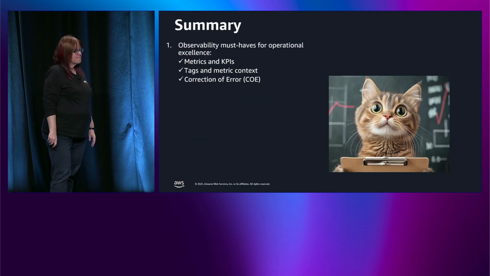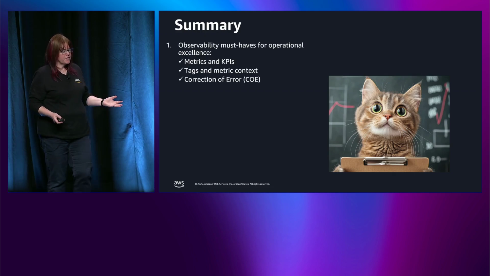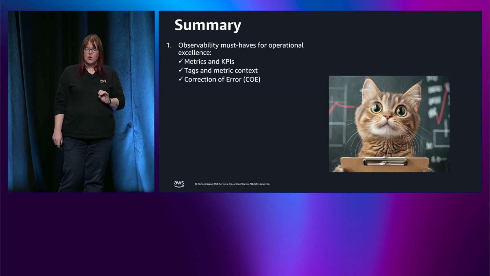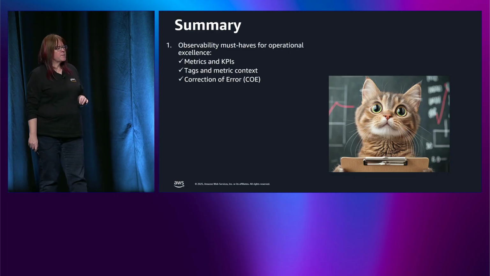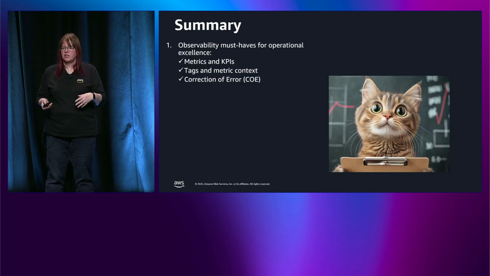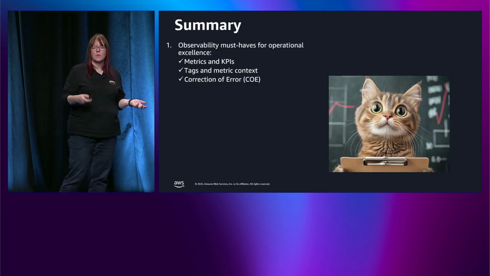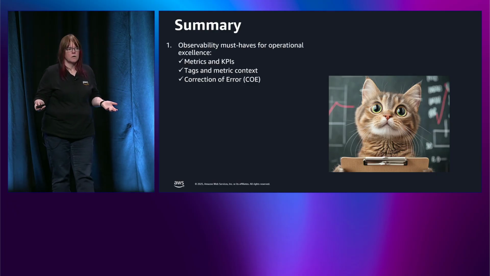Okay. We have covered a lot. So let's just review what we've covered. We have looked at observability must-haves for operational excellence, about KPIs and metrics, about context through tags and dimensions, and about processes like correction of errors that help you keep taking steps towards a better world.